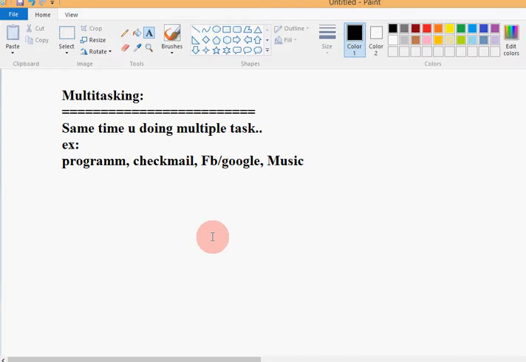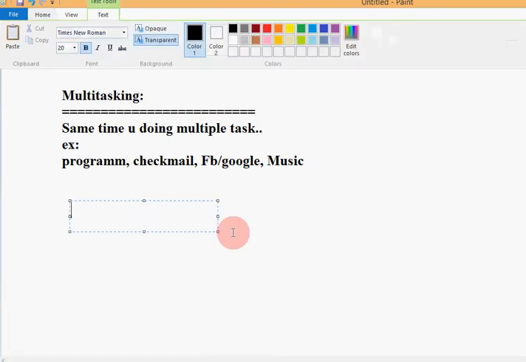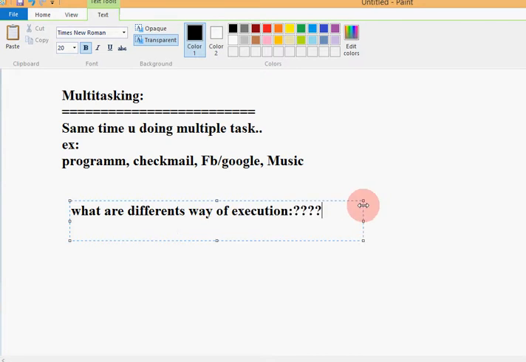Then the question arises: what are the different ways of execution? What are the different ways to execute any task?